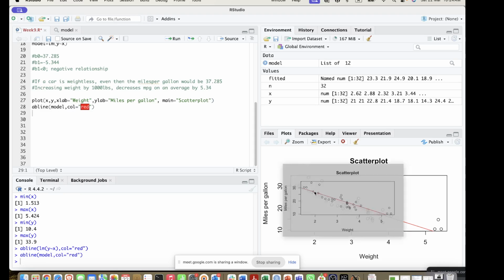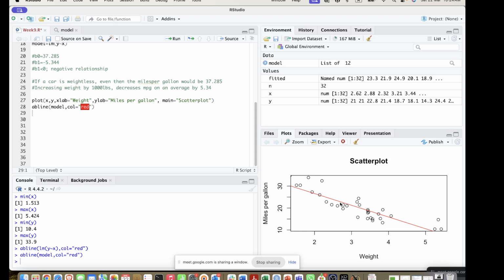Yes, so this is how the regression fits the data. Okay, and the vertical distances are the departure of the observed y from the predicted line.